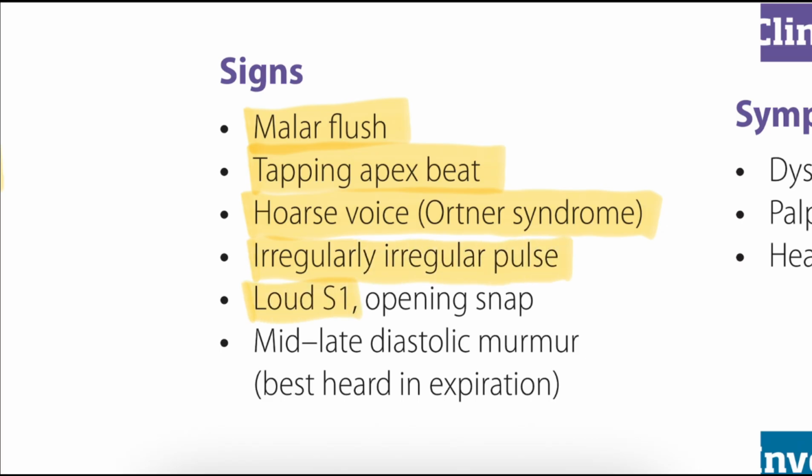We also see a loud S1 sound, meaning that the first heart sound becomes loud, then an opening snap, and a mid to late diastolic murmur, which is best heard in expiration. These are the signs you can see in the patient.